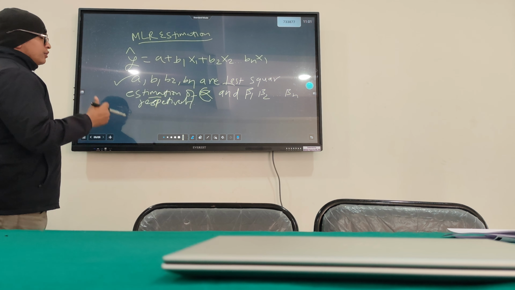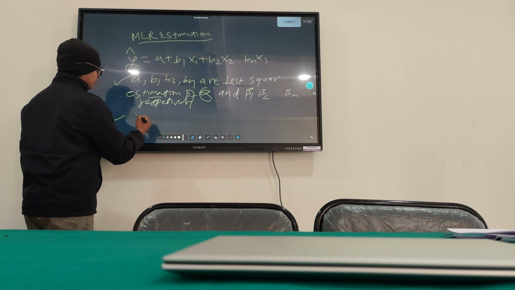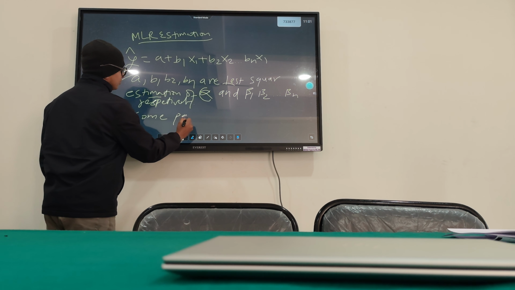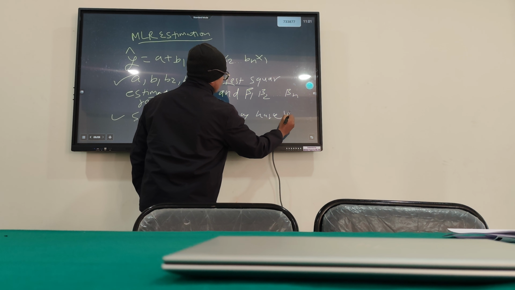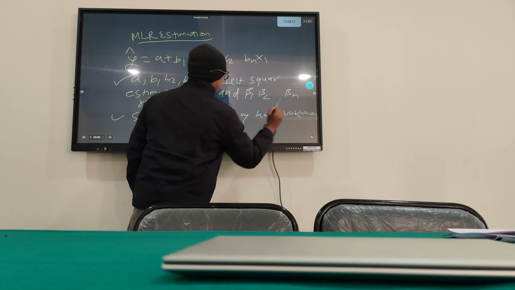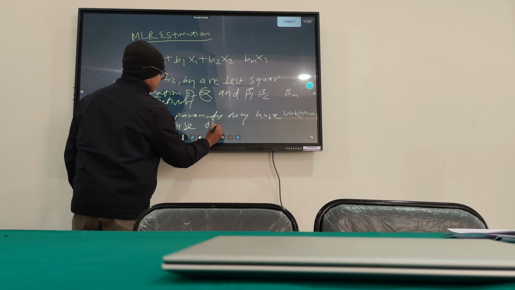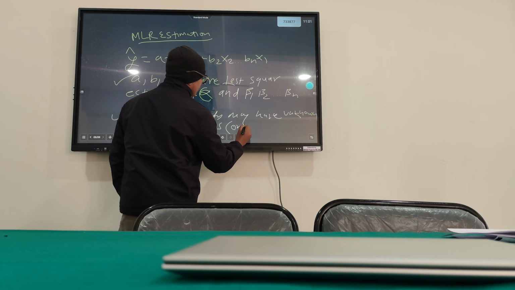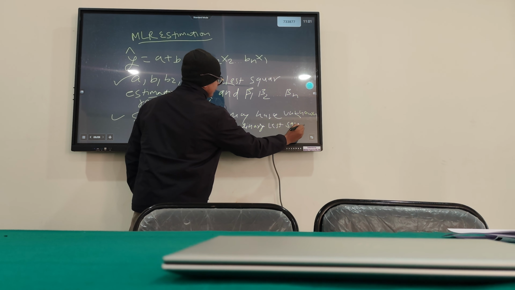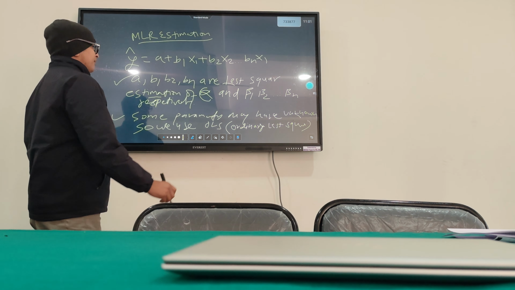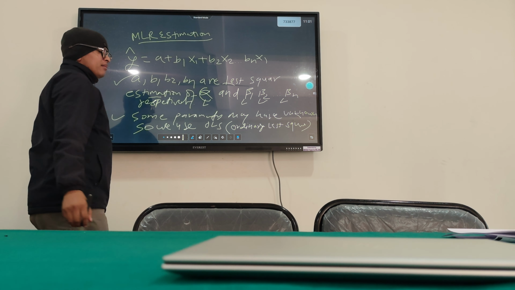What do we do with this equation? Some parameters, such as alpha, beta 2 and beta n, may be unknown.